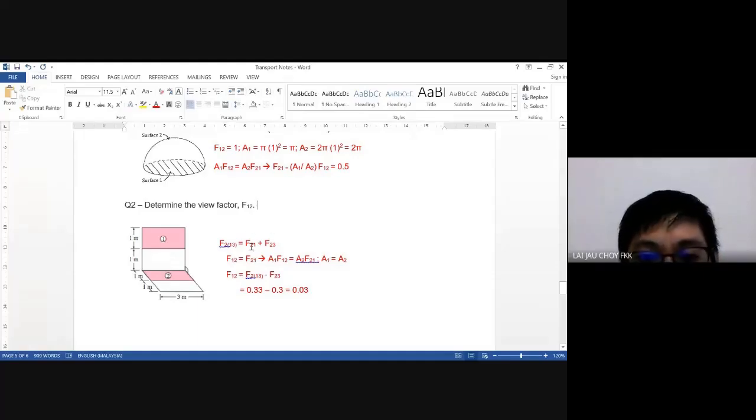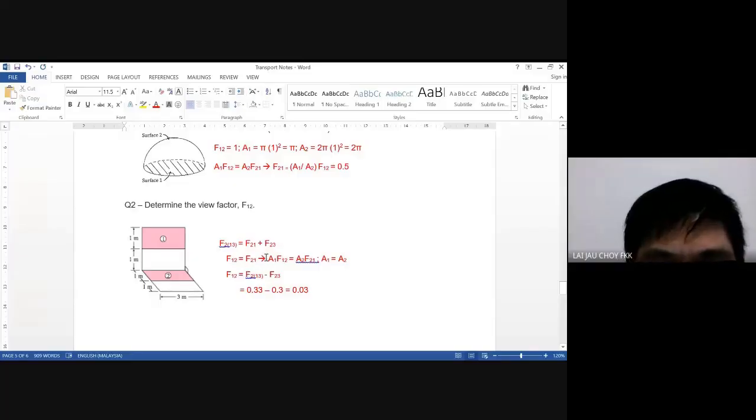Then you don't even need to use A. In this case, we see F12 equals F21. Why? Because from the reciprocal rule, if A1 equals A2, then F12 equals F21. But if surface 1 and surface 2 have different surface areas, then you cannot assume this.